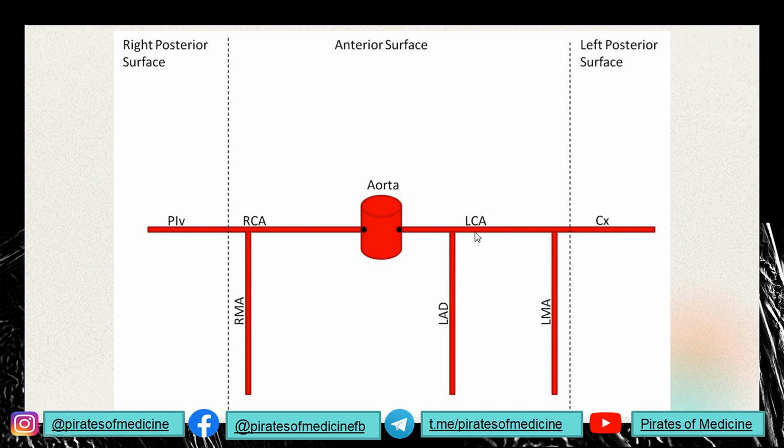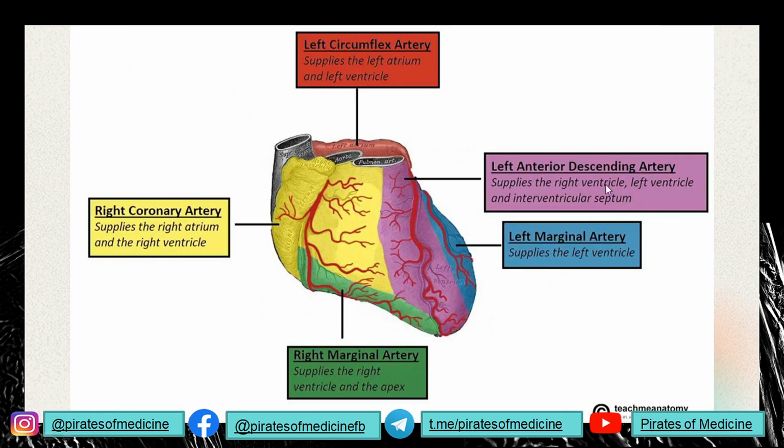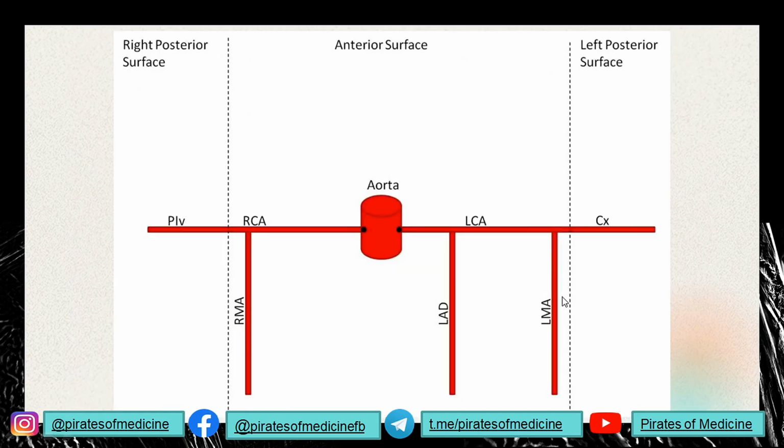On the other hand, the left coronary artery gives two branches in the anterior surface of the heart, the left anterior descending artery, and also the left marginal artery, analogous to the right marginal artery. And for the posterior surface of the heart, the left coronary artery gives the circumflex artery branch.